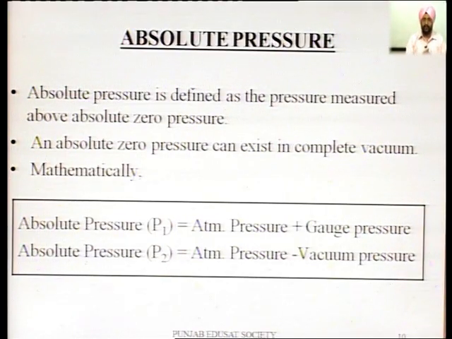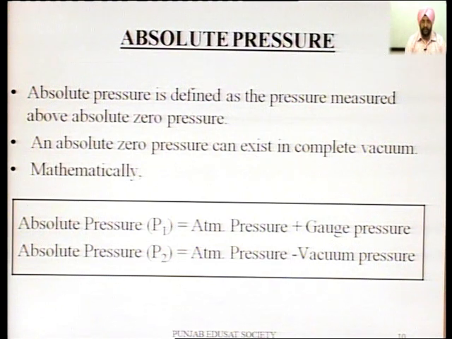The fourth term related to pressure is absolute pressure. Now, what does this mean? What is absolute pressure? Absolute pressure is defined as the pressure measured above absolute zero pressure.